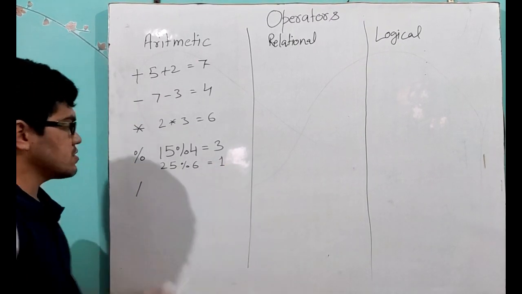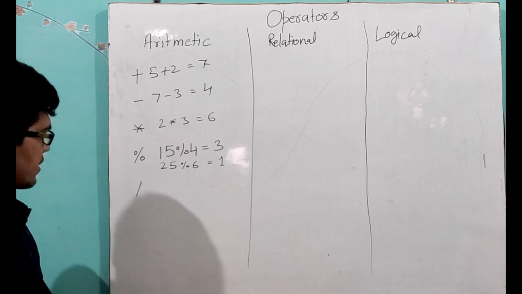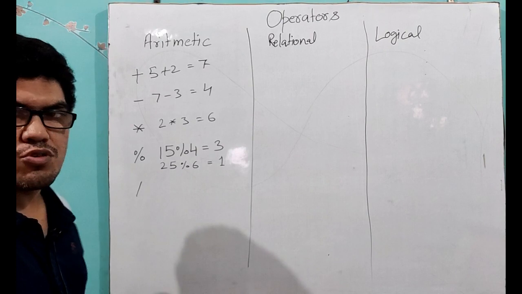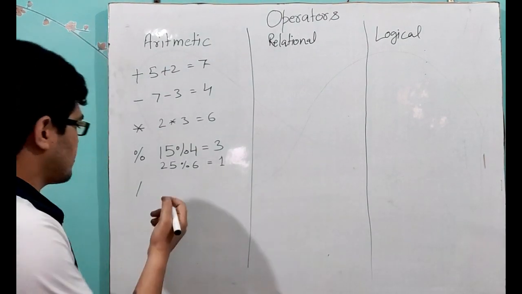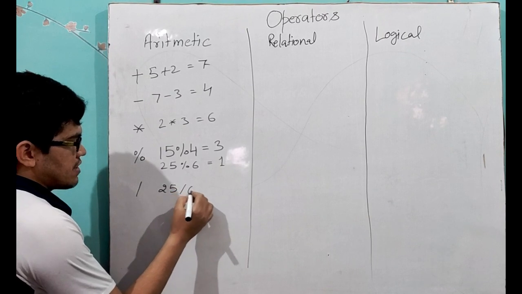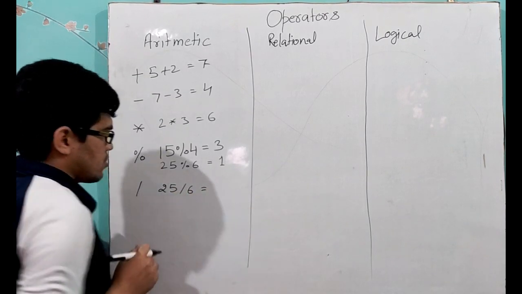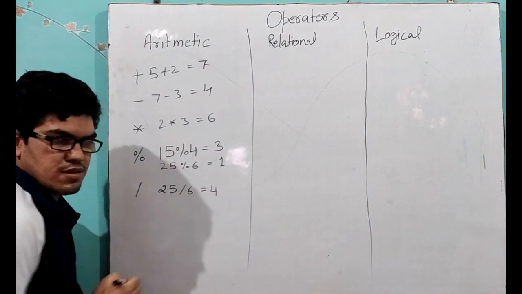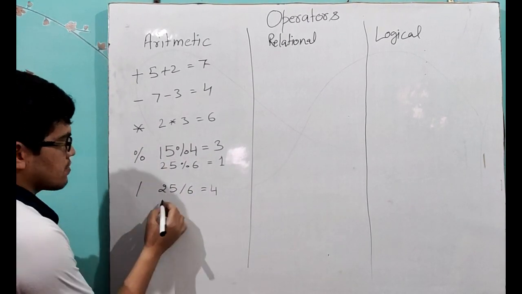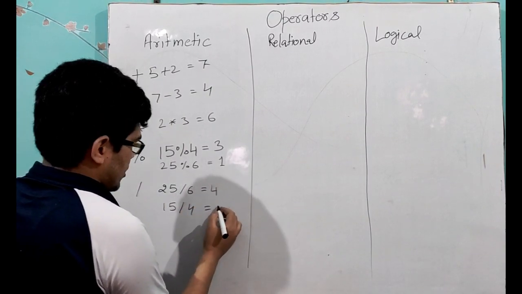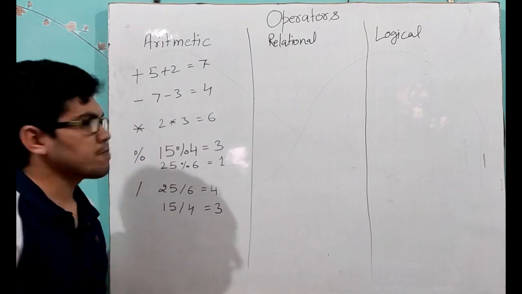So this operator is used to give the remainder. Next is the division operator. This operator gives you the quotient. It means 25 divided by 6 is 4, since 6 fours are 24. So it gives only the quotient. 15 divided by 4, the quotient will be 3.